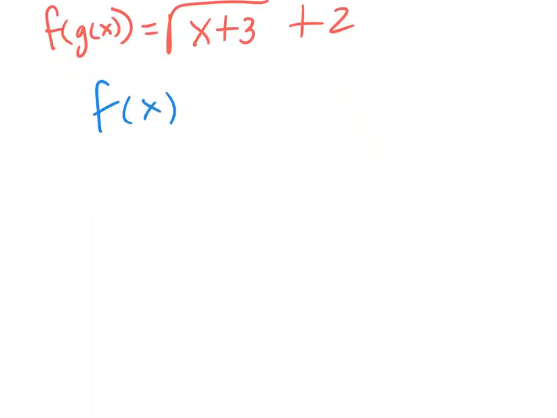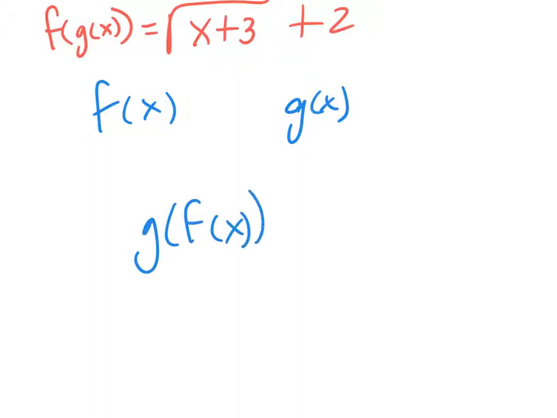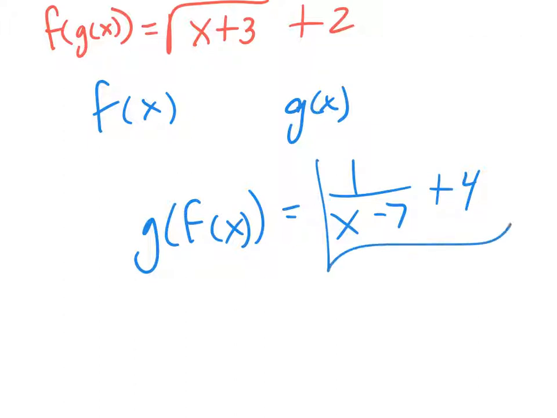I don't know what f of x or g of x are, but I can tell you that g of f of x is equal to 1 over x minus 7 plus 4. When the g function ate the f function, you got this.